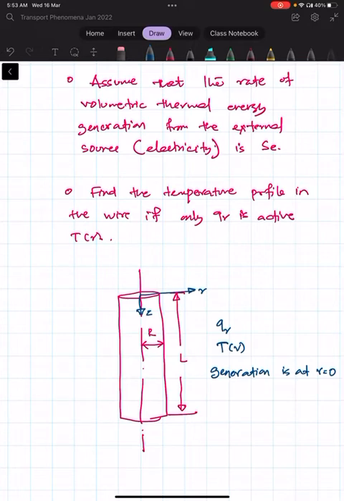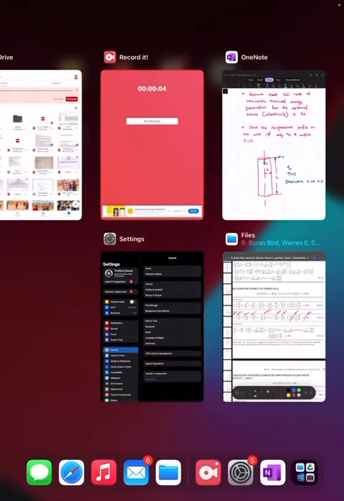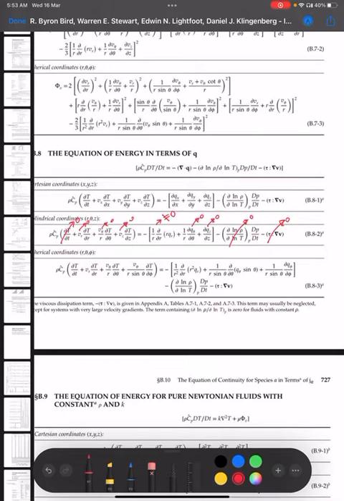Whenever it comes to the governing equation, there are two ways, but at this point the easier way is using the generalized governing equation. So let us go back to the cylindrical governing equation here. One of the terms, SC, is not added, as you can see.